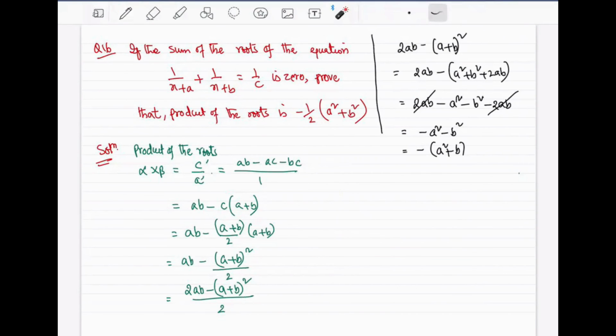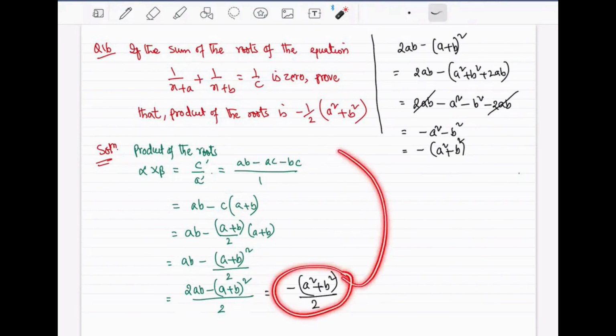So here, look, this portion in the numerator, if I expand it, we are getting minus A square plus B square. So replace it here. Instead of writing this portion, this is the short form. So replace this with this. What do we have? Minus A square plus B square divided by 2.